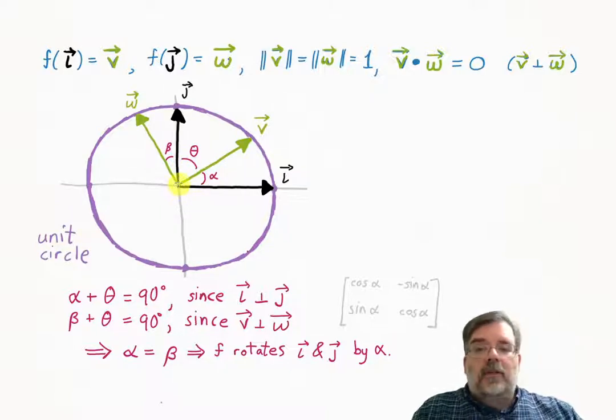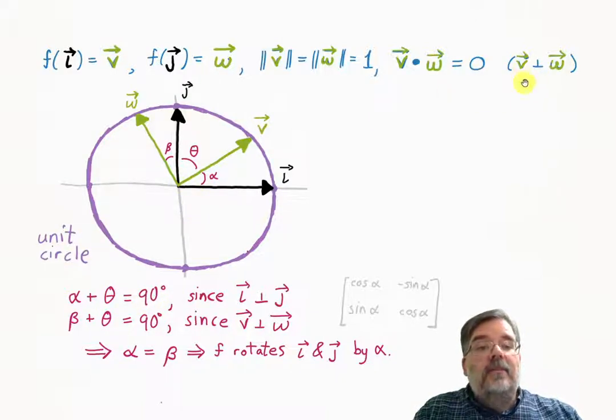So what can we say here? I'd like to label these three angles to make this a little bit easier. Let's say the angle between i and v is alpha. The angle between v and j is theta. The angle between j and w is beta. I know that i and j are at right angles to each other. Since i is perpendicular to j, that means alpha plus theta must be 90 degrees.